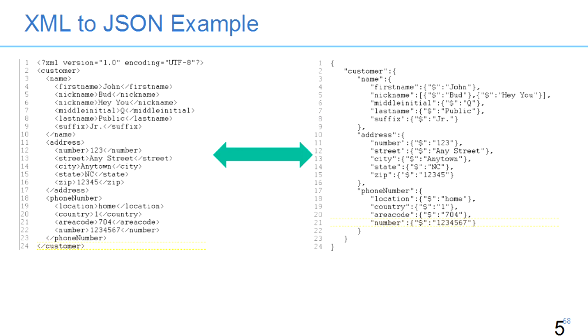The other thing that's somewhat interesting here, I threw in a couple of nicknames, so John can go by either Bud or Hey You. Since I have the same element name at the same level, for nickname you get one JSON property, but then you have an array that will contain multiple objects, each with the text of that individual value.